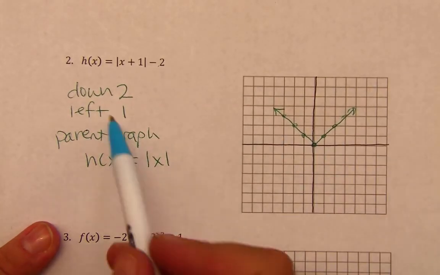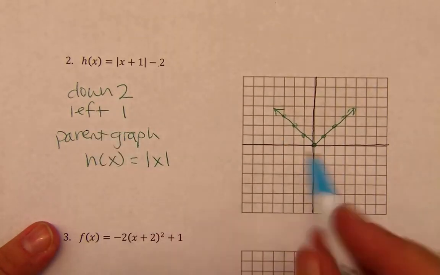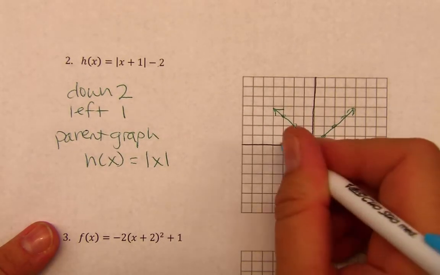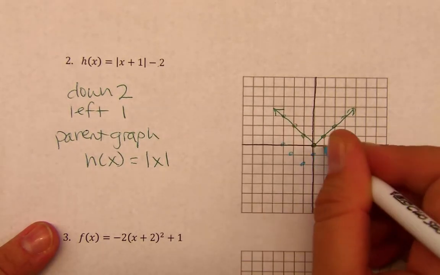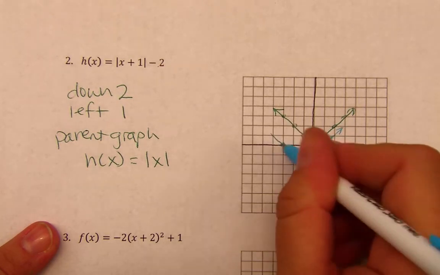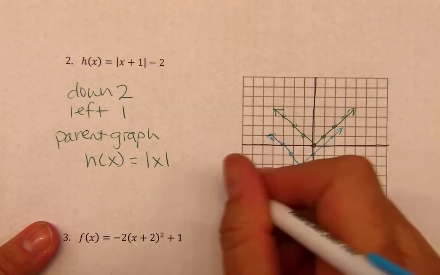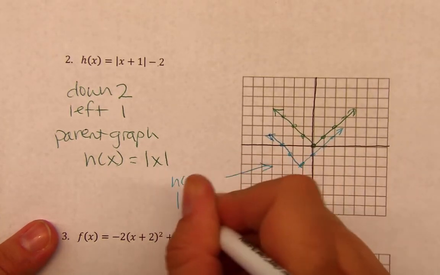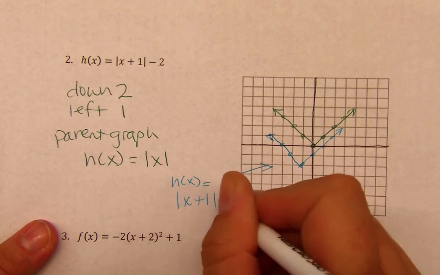And each one of these points is moving down 2 and left 1. So down 2 and left 1. And we can see what our new graph is going to look like. And that is h of x equals the absolute value of x plus 1 minus 2.